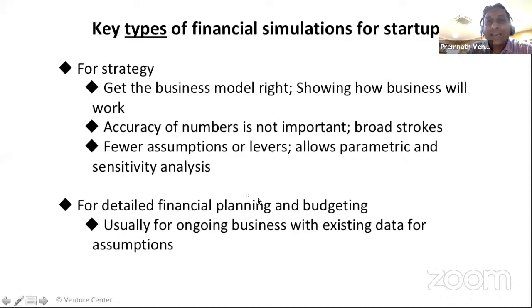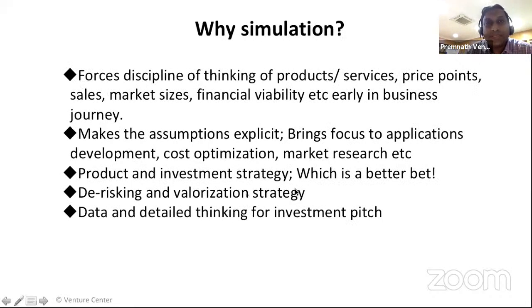Now, we'll also talk a little bit about financial planning and budgeting. One thing I find very useful this does is, most of us scientists and engineers tend to think of technology only. We don't think of products and services and how it's going to make money. And that is something this really forces. Okay, the simulation forces you to think in that line.